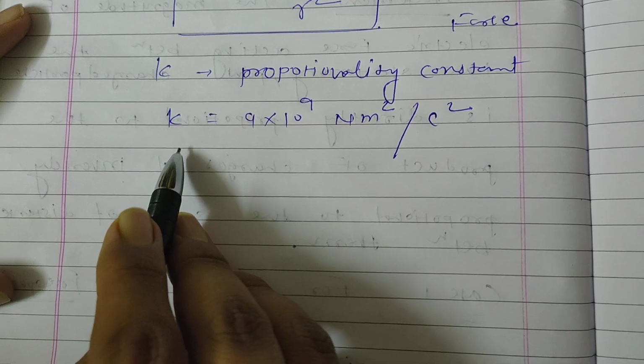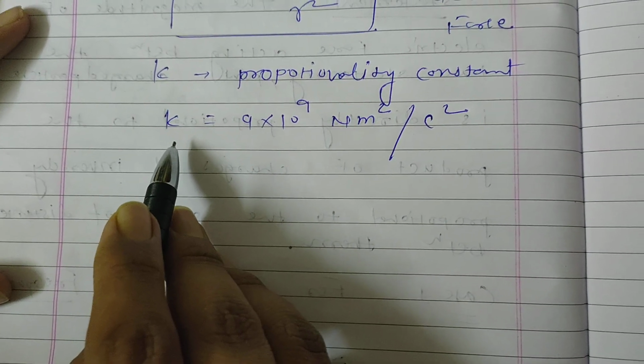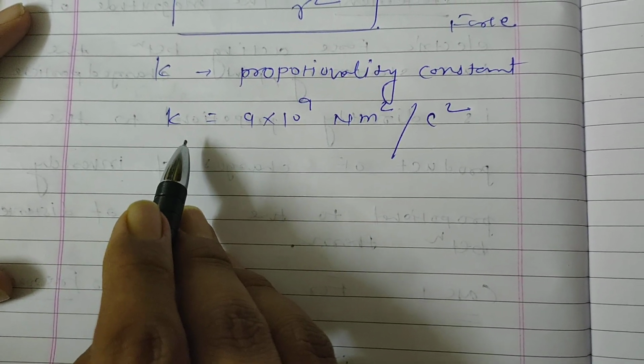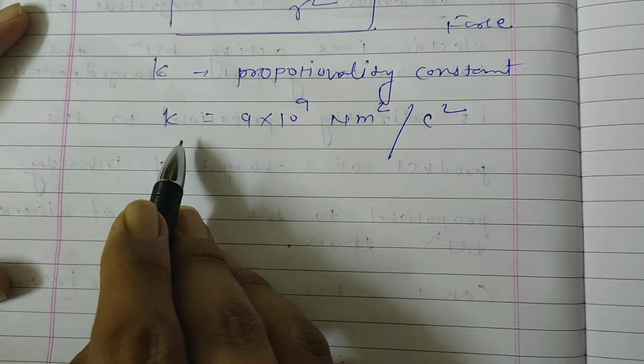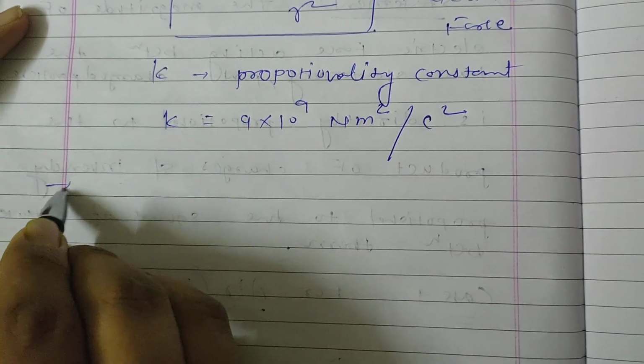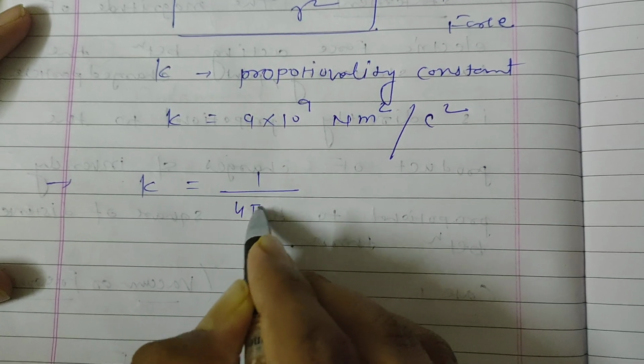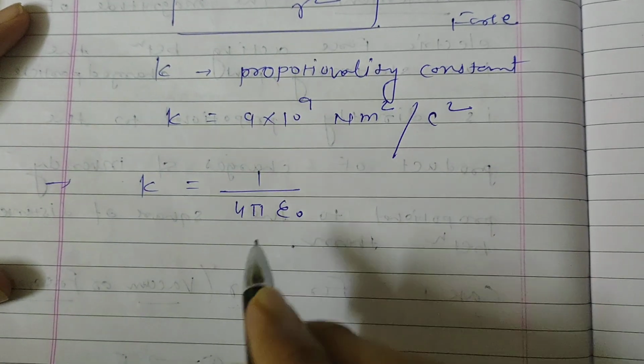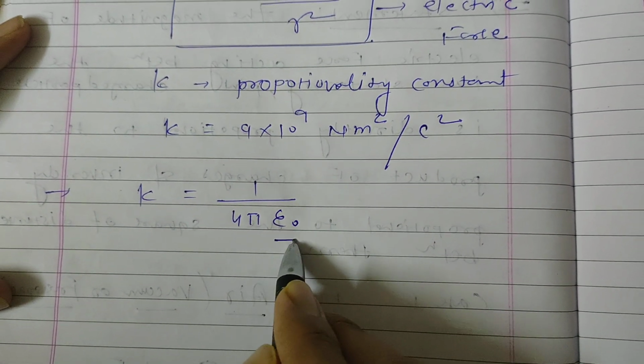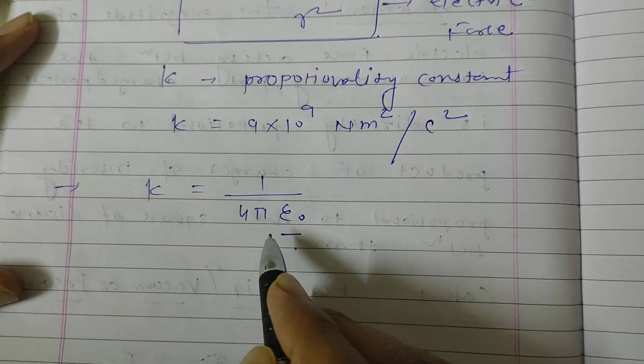But this small k is only used for air medium. It is never used in any other medium. The small k is also written as 1 by 4 pi epsilon naught. Remember, it is epsilon naught, a new physical quantity.